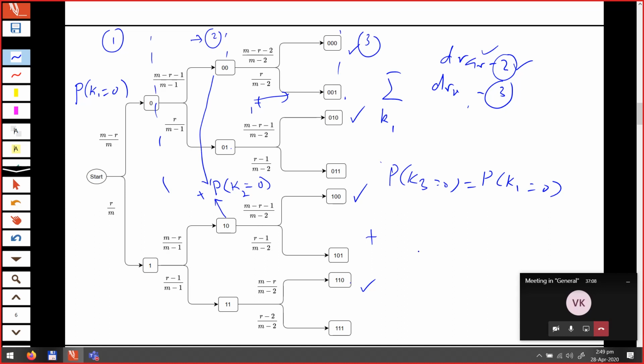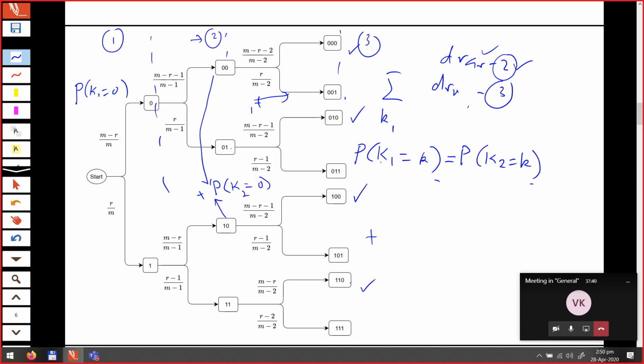So if I write it in my mathematical language, what I mean is this: the probability that K1 takes any value. Let me just write small k here. Small k can be either 0 or 1, so that I don't have to write an equation for 0 as well as 1. This will be the same as the probability that K2 takes that same value.